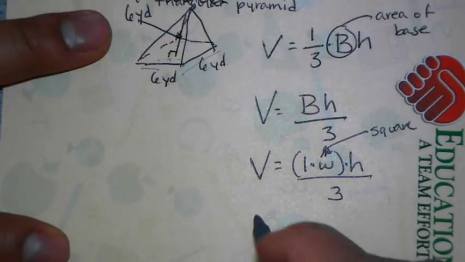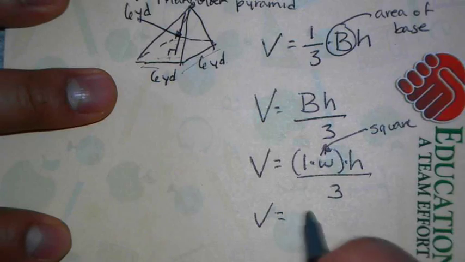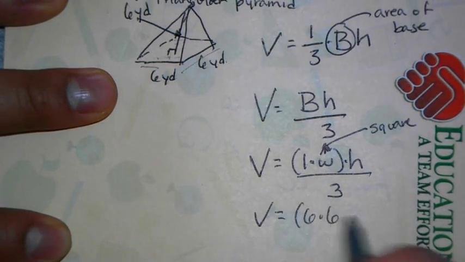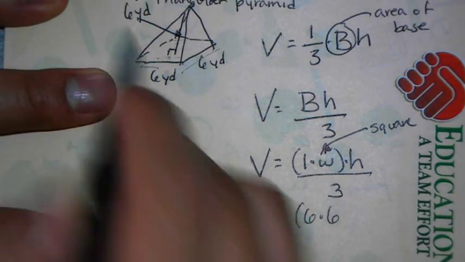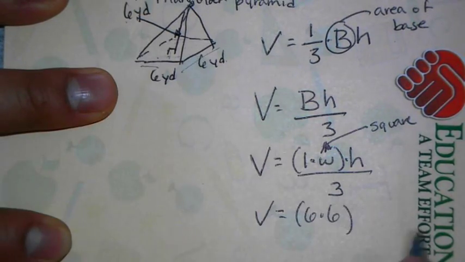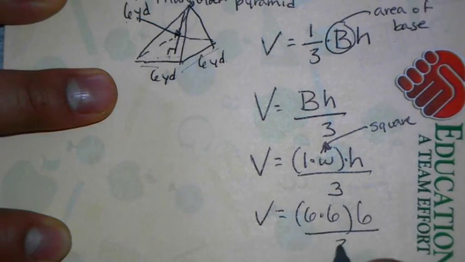Okay, so now I'm going to just fill in my information. So here I have 6 times 6 times the height, which is 6, and I'm going to divide that by 3.